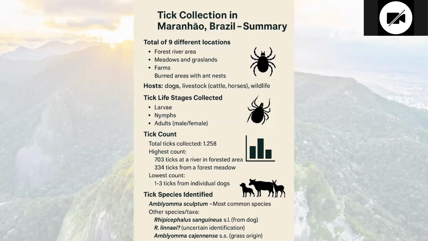We also collected ticks from dogs, livestock, and wildlife, and we collected all tick stages. To sum up, we collected above 1,200 ticks. Most of them were Amblyomma sculptum, but we also collected Rhipicephalus sanguineus, Rhipicephalus linnaei, Amblyomma cajennense, and Dermacentor nitens from horses. But we are still studying these ticks.